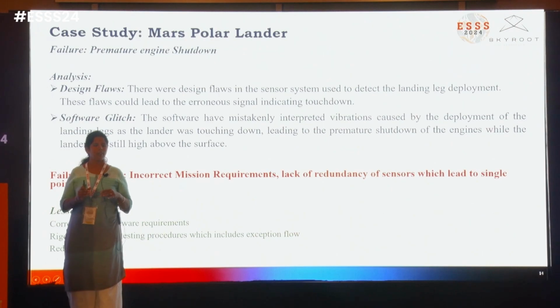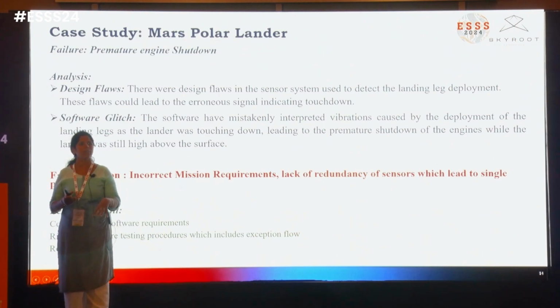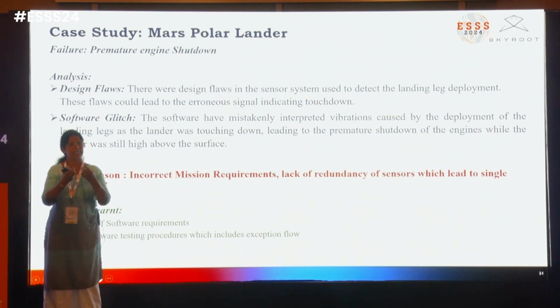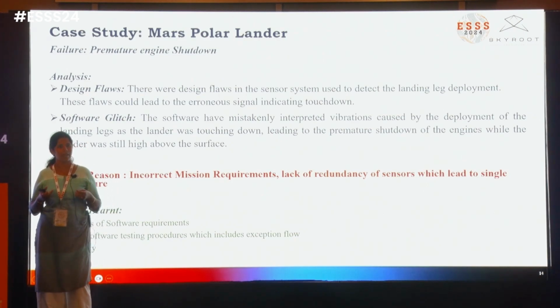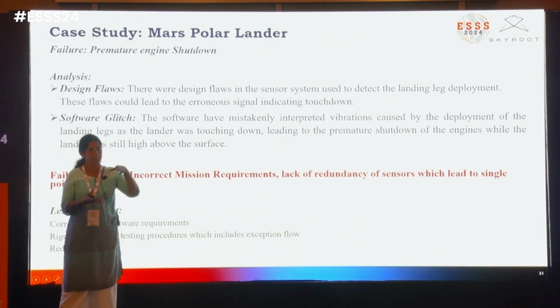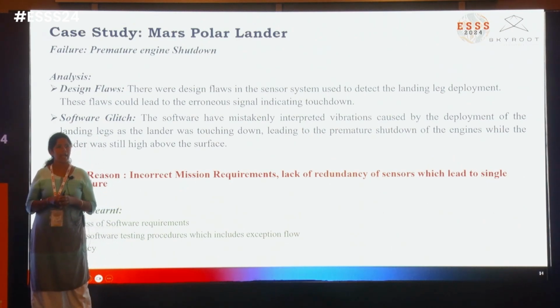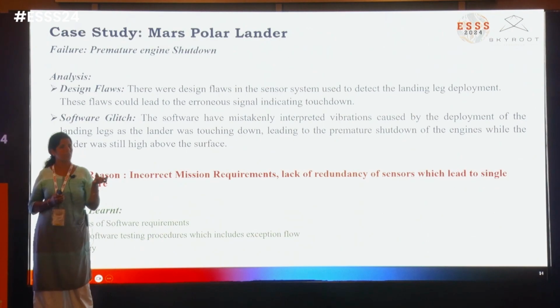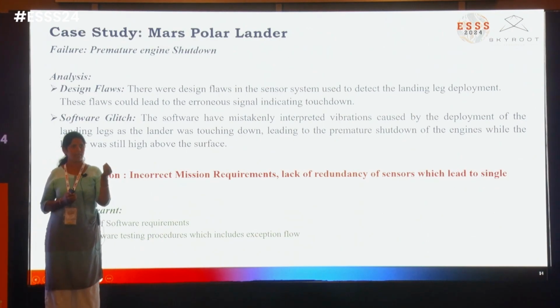But what actually happened? Before touching the ground itself, erroneous vibrations were raised while opening the legs of the lander. Those vibrations were mistakenly understood as the lander having already touched the ground, and the engine shutdown command was issued. It could have been corrected if they had a redundant option. Sensors are always subject to very minor effects.